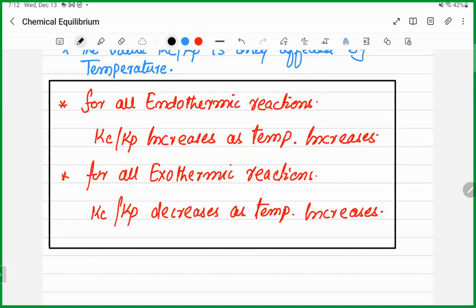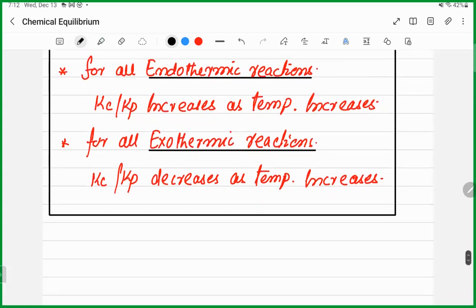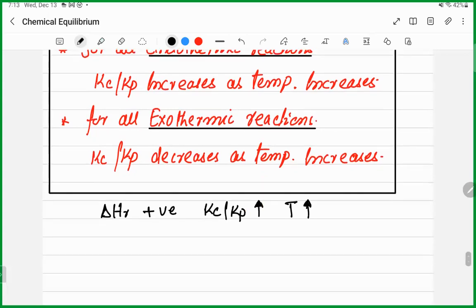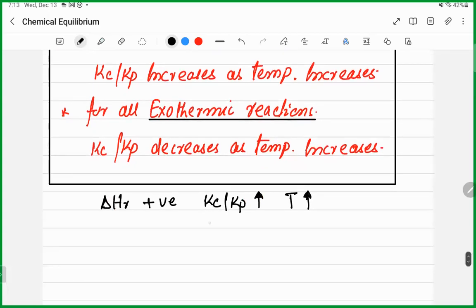So if you lower the temperature for an exothermic reaction, the Kc Kp value increases; for an endothermic reaction, if you increase the temperature, the Kc Kp value increases. Okay, so if delta H, the enthalpy change, is positive, then Kc Kp value increases as temperature increases, and the Kc Kp value decreases as temperature decreases.